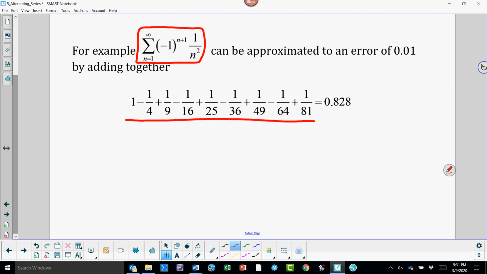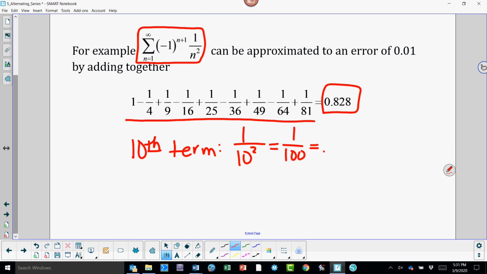The most that I can be off from this sum is whatever the value is of the 10th term in absolute value. Well, the 10th term is going to be 1 over 10 squared, which is 1 over 100, which is 0.01, 1/100th.